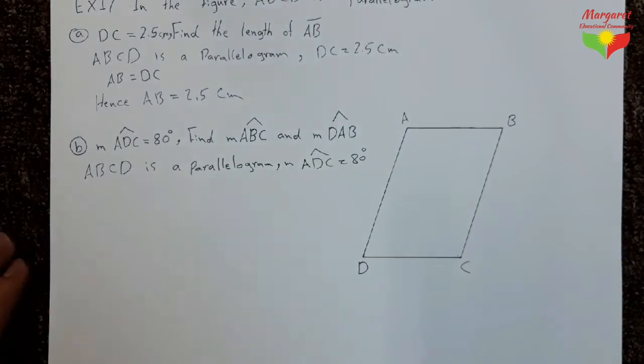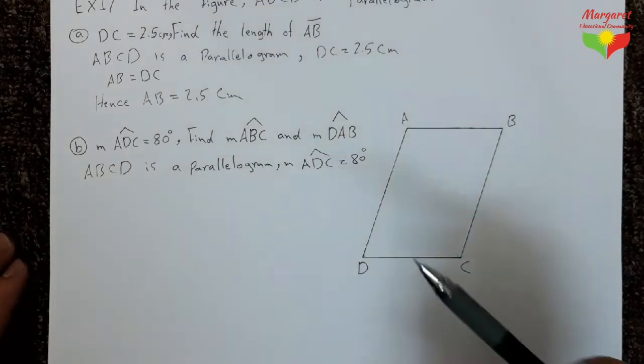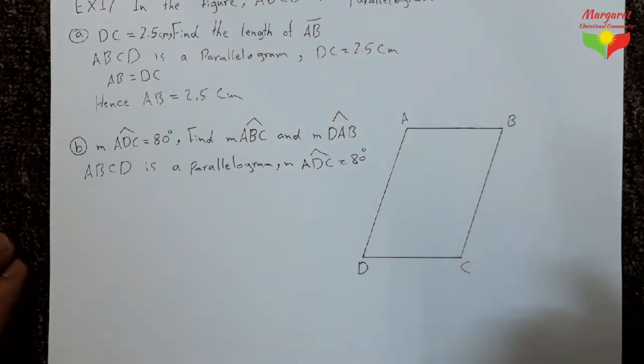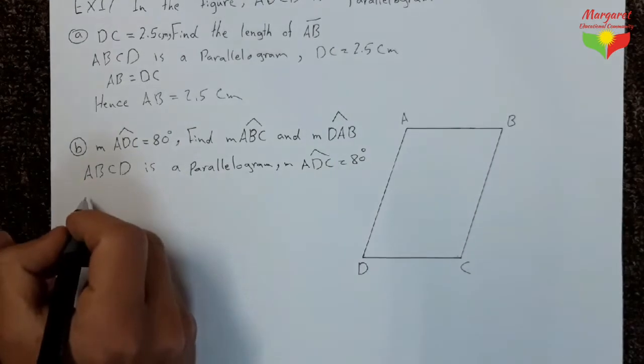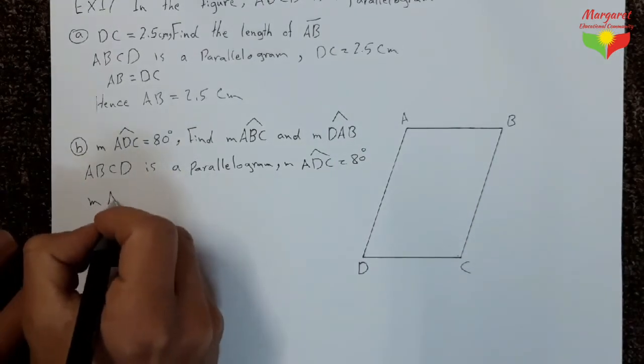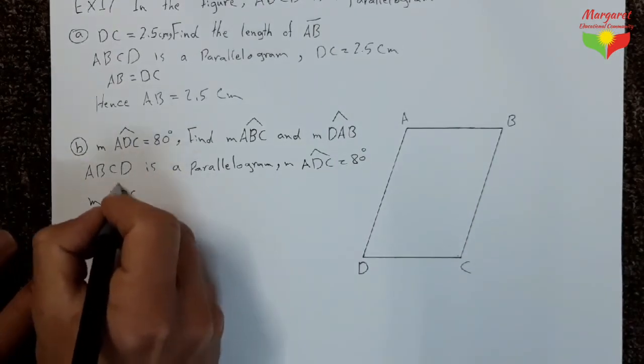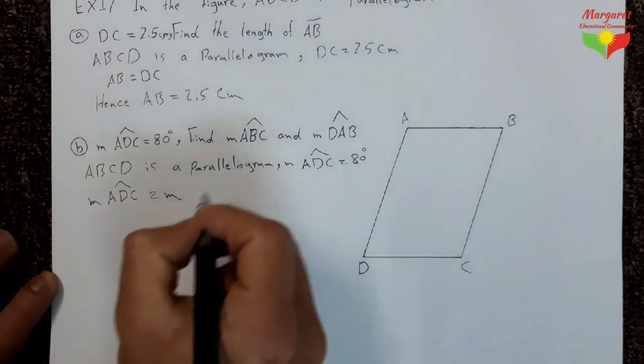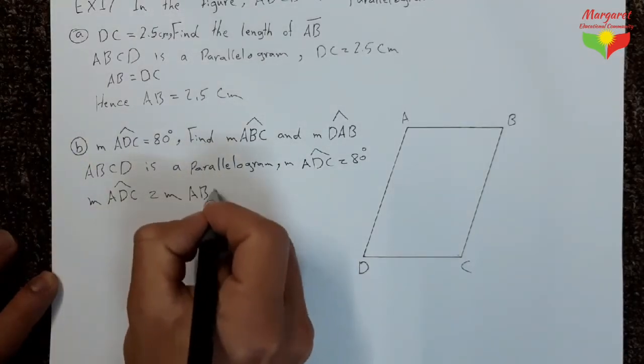And from the second property of parallelogram, we say that opposite angles are congruent, so they have the same measure. So measure of angle ADC equal to measure of angle ABC.